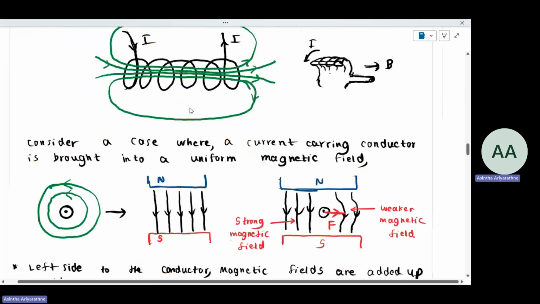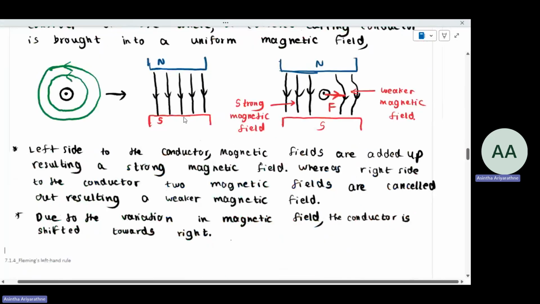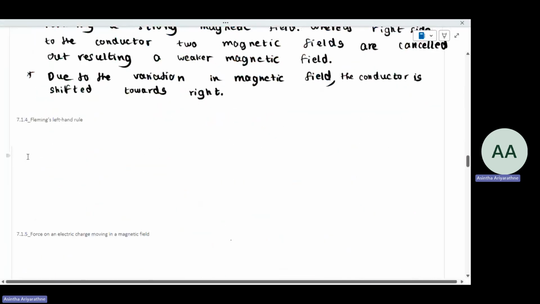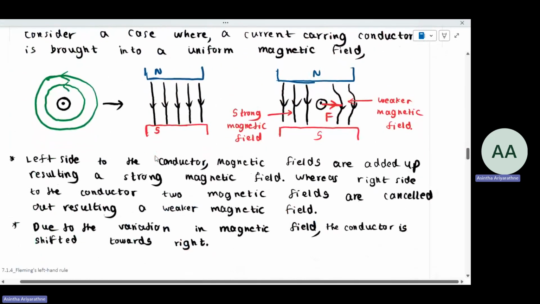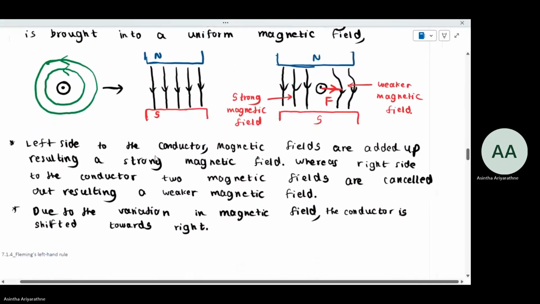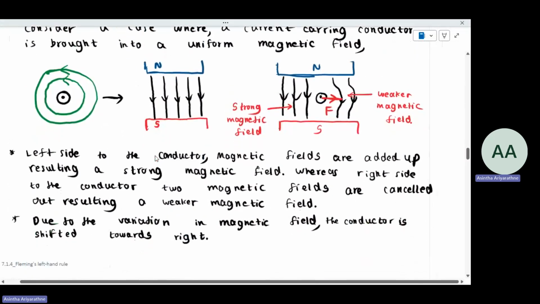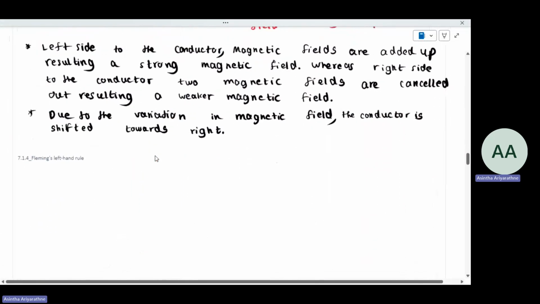So therefore, a scientist called Fleming has come up with an easy method to find the direction of force, if the direction of current and the direction of magnetic field are known.